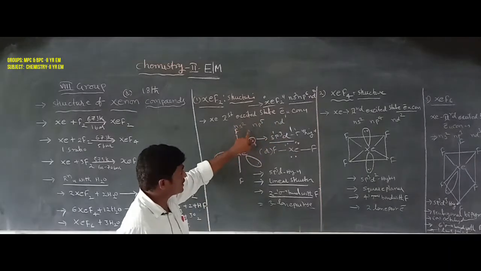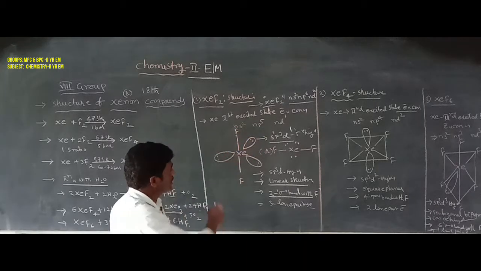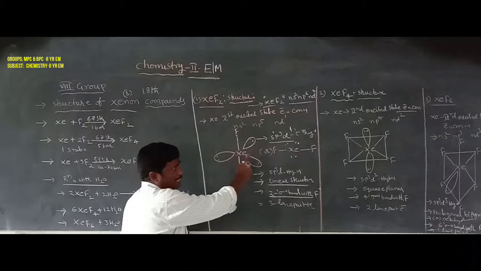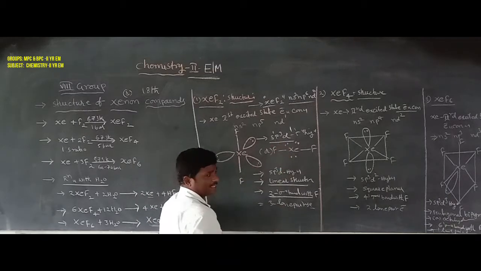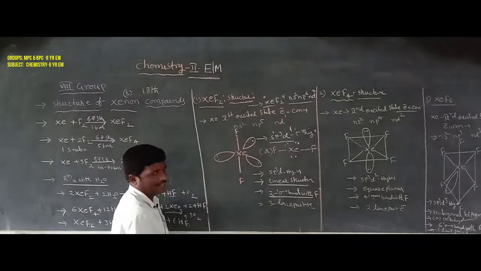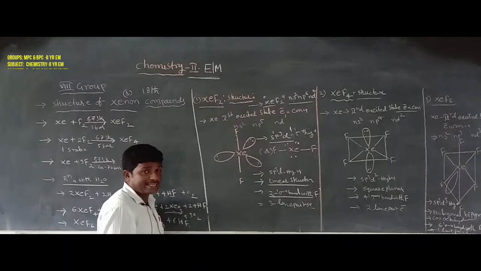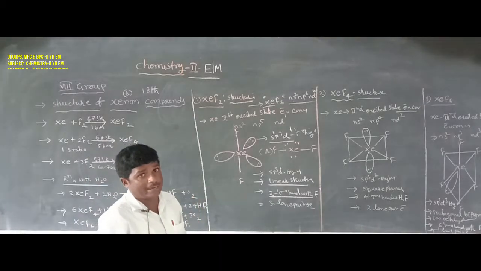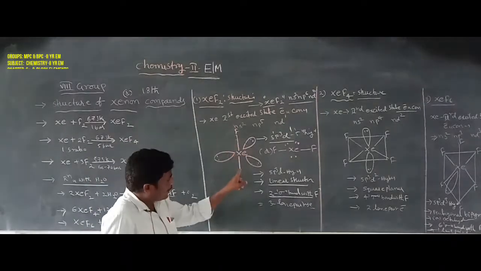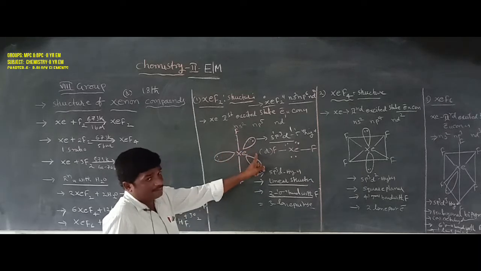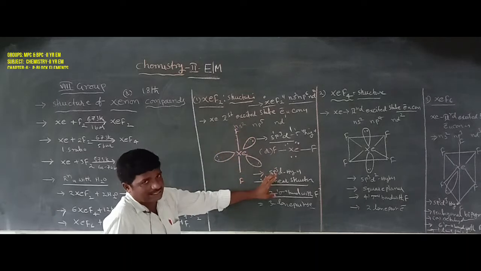Xenon is the central atom, undergoes sp3d hybridization to form 5 hybrid orbitals: 2 are bond pairs with the fluorine atoms and the remaining 3 are lone pairs, forming a linear structure.